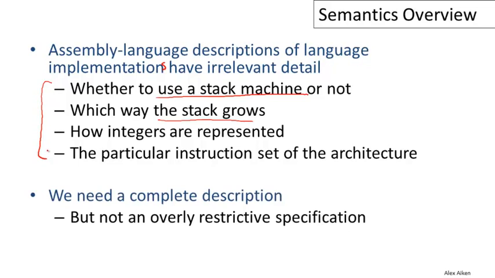So what we really want is a complete description, but one that is not overly restrictive, one that would allow a variety of different implementations. And when people have not tried to find some relatively high-level way of describing the behavior of languages, they've inevitably gotten into the situation where people just have to run the program on a reference implementation in order to decide what it does.